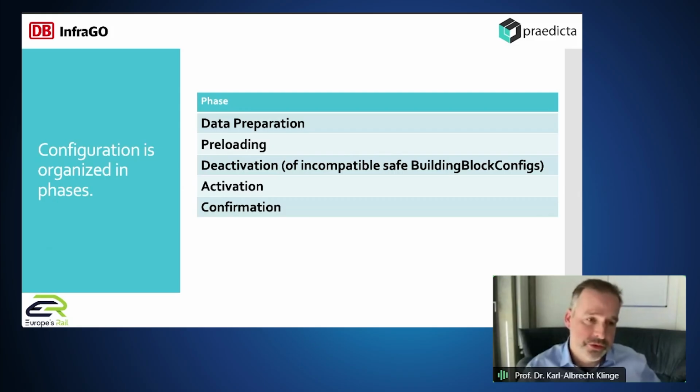And then we go through the activation and the confirmation, which is quite important, to have a good lease policy here, and to really know, if it's a safety-related part, that you have a safety attestation, that you have put the right building block configuration on the right system.